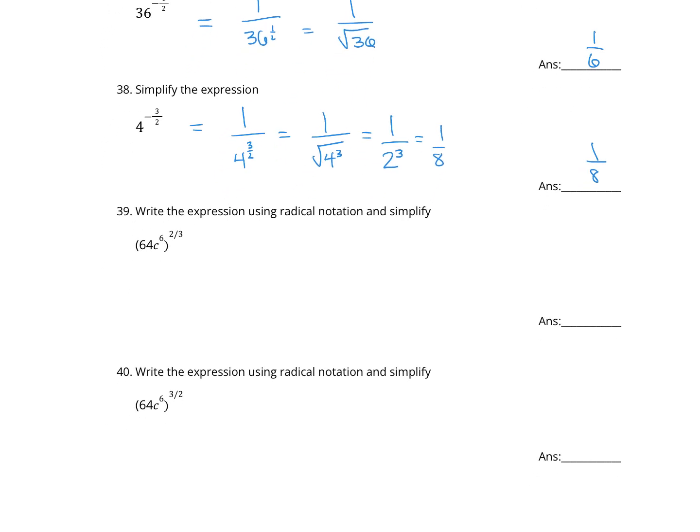Next up, I'm going to go through and rewrite these first as radicals. Because the 3 is down below in your fraction, that's a cube root of 64 c to the 6th. I can either square the 64 and the c to the 6th, or I can square the whole answer. A lot easier to square the final answer.